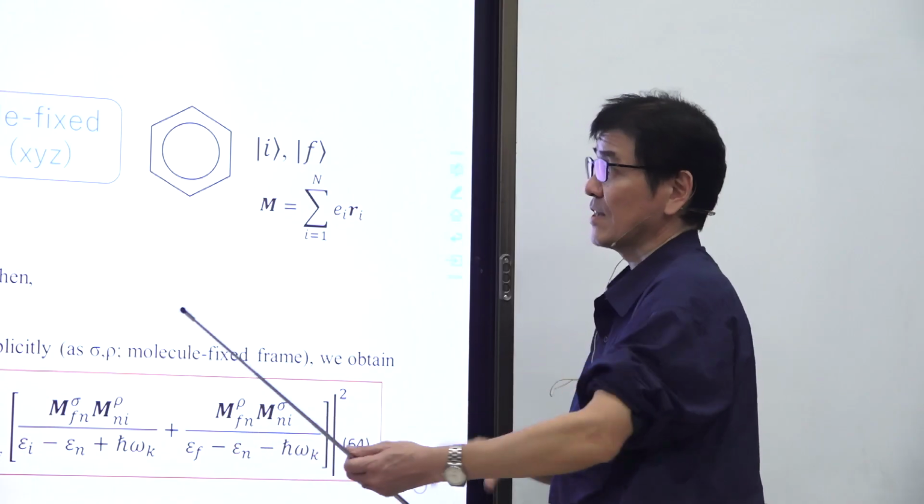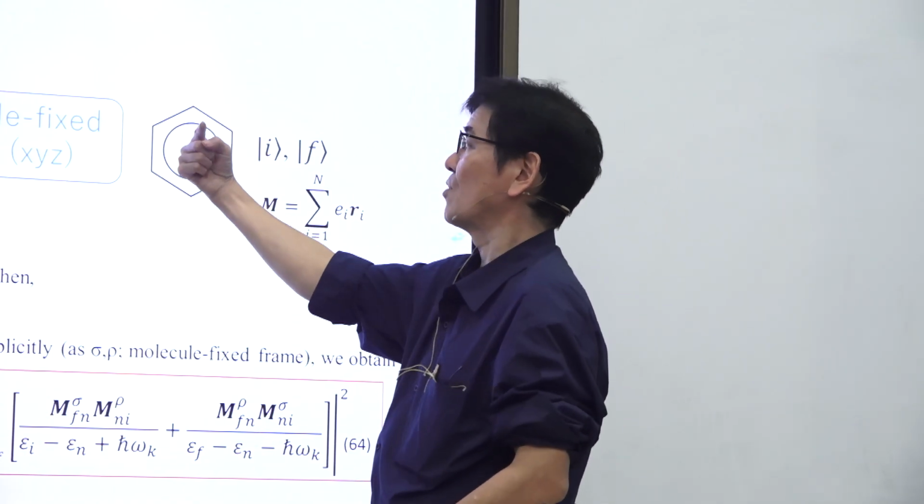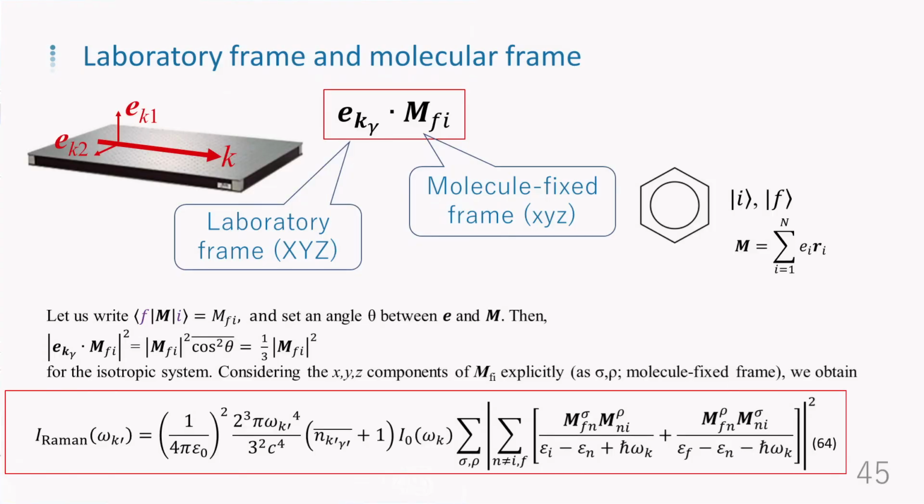Then let's consider how to describe the direction of the small xyz in this frame. Okay, so this is the laboratory frame X, Y, Z. Then there is another x, y, z.